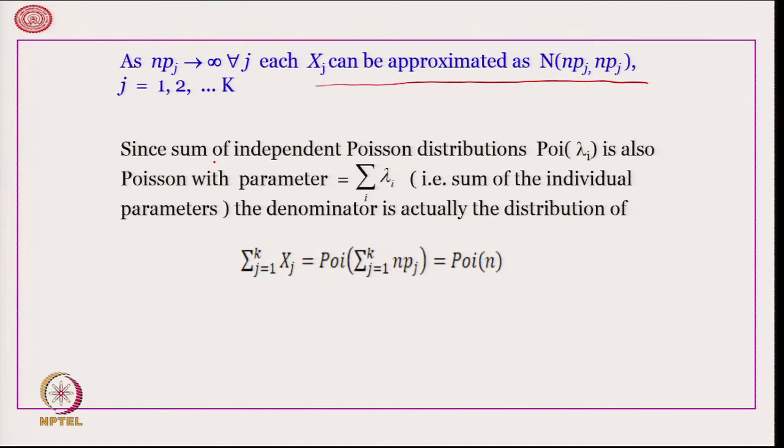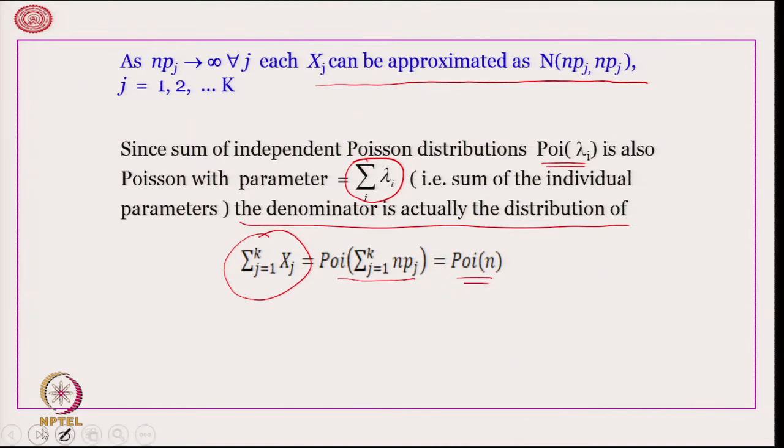Now, the sum of independent Poisson distributions, where the ith one is Poisson with lambda i, is also a Poisson distribution with parameter sigma lambda i, that is the sum of the individual parameters. The denominator of the earlier distribution is sigma xj, that is Poisson with parameter n, as we have discussed just now.